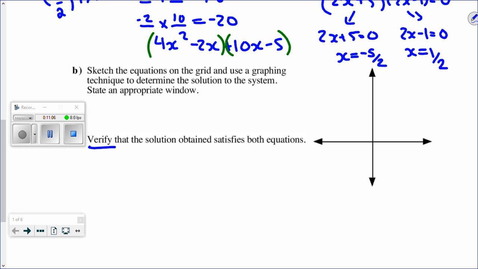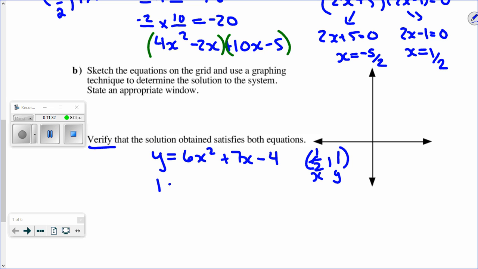To check that it satisfies an equation, the first equation was y equals 6x squared plus 7x minus 4. We're just going to choose a solution, so let's choose the positive 1/2 and 1 and check it. If I use these coordinates as x and y, does left side equal right side?